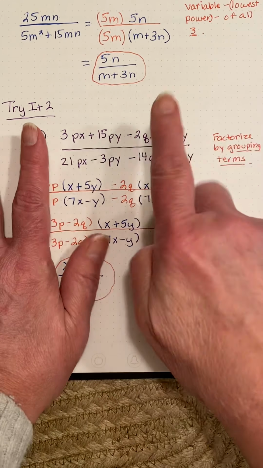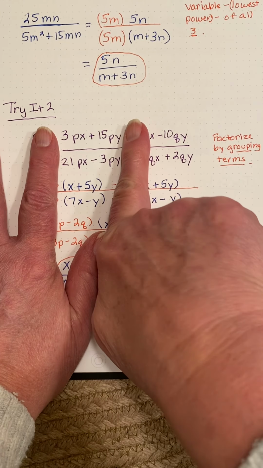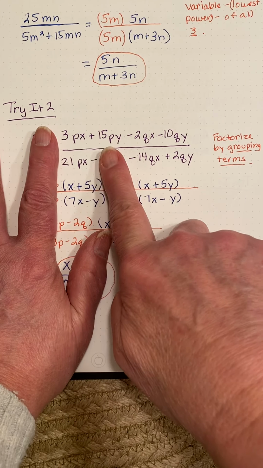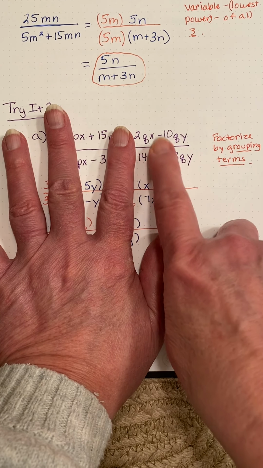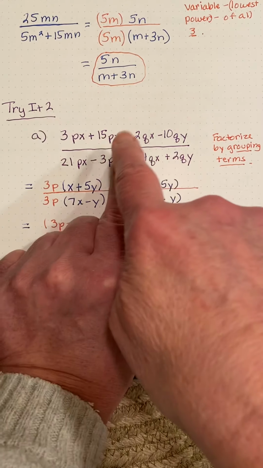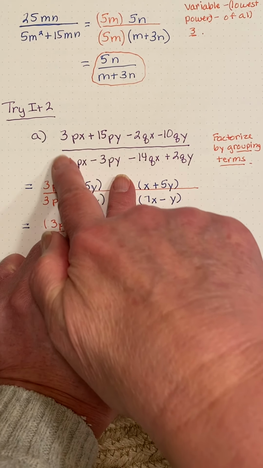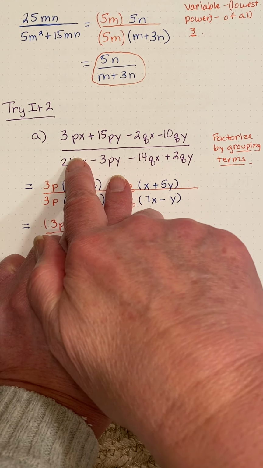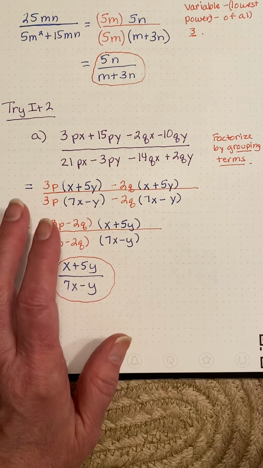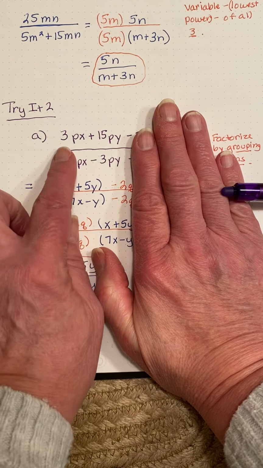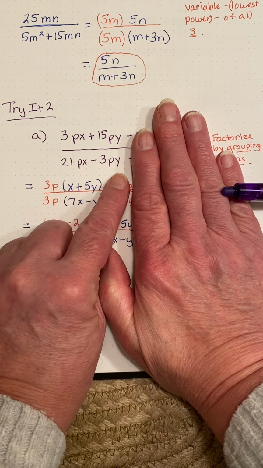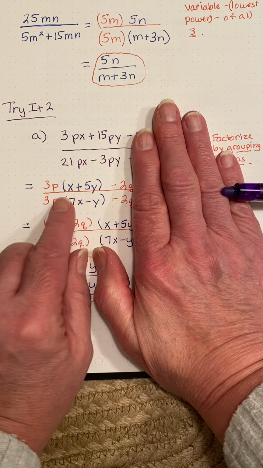So I'm going to group these xy's because they have a p connected to it, and these xy's because they have q connected to it. Also, these are all even numbers, and these are all factors of 3. So in that first set, I can take a 3p out of this value and a 3p out of that value. So I'm going to do that.